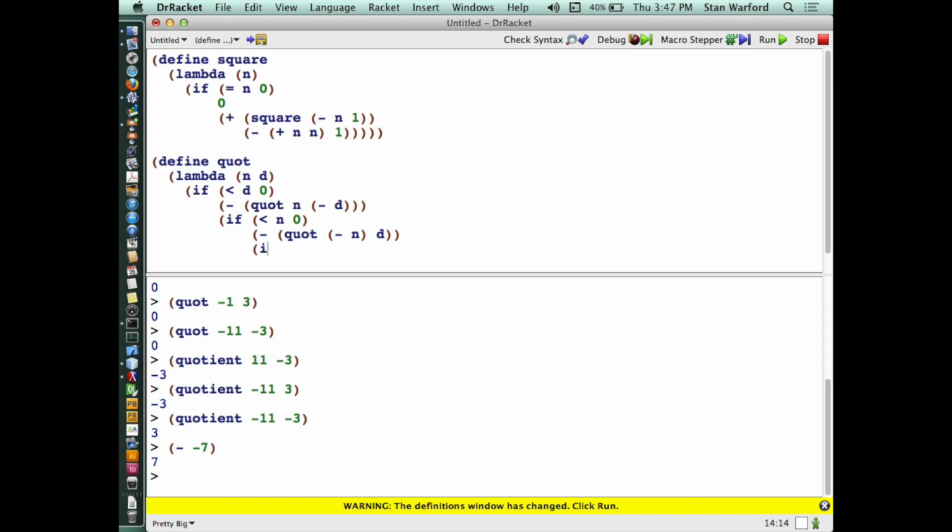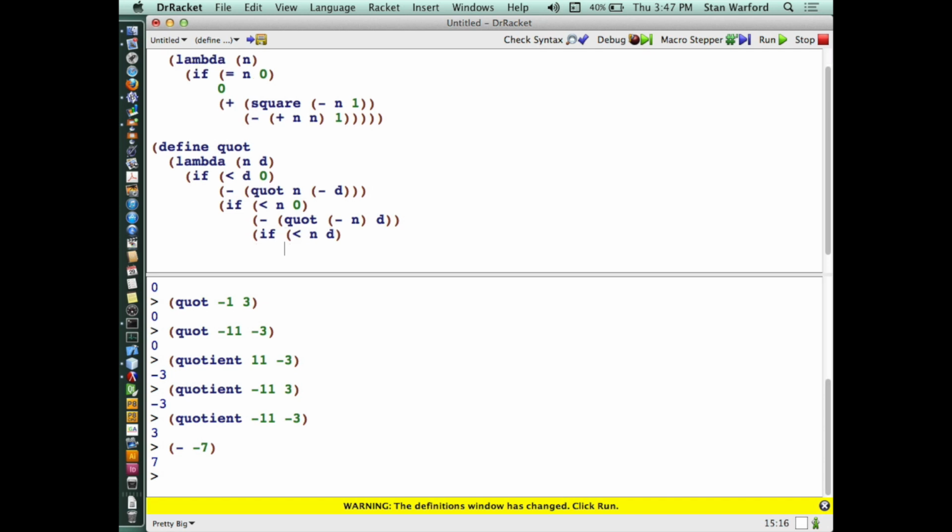If n is less than d. If, so now what? Oh, this is good. You guys are good coders here. Come on. So what? Parentheses. What was it?